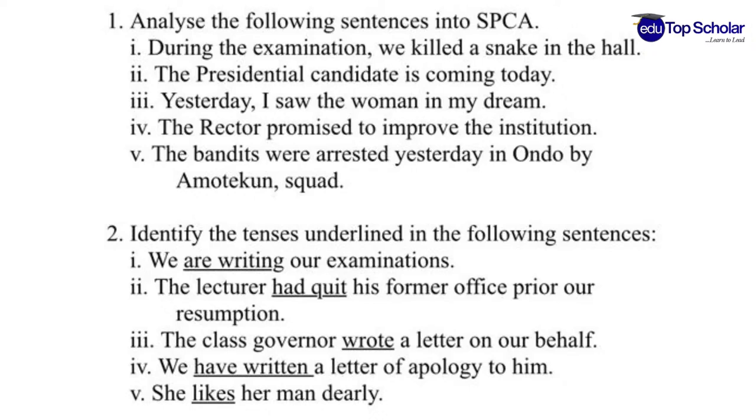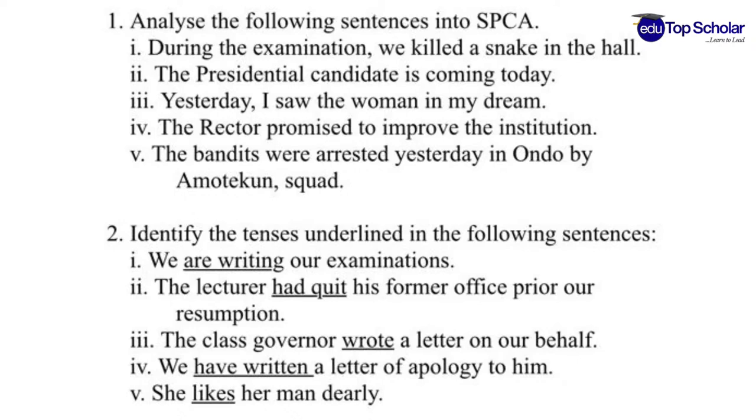Okay. I want to change this marker to black so that you can see it clearly. So we have A, S, P, C, A. Please, whatever you have as your reaction, please put it in the comment section.